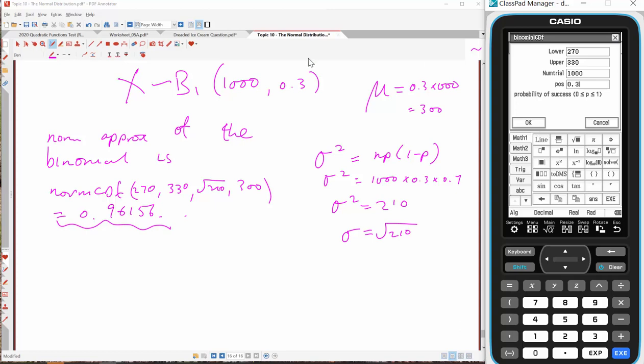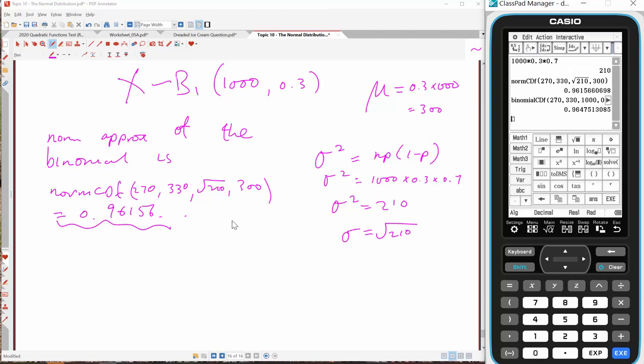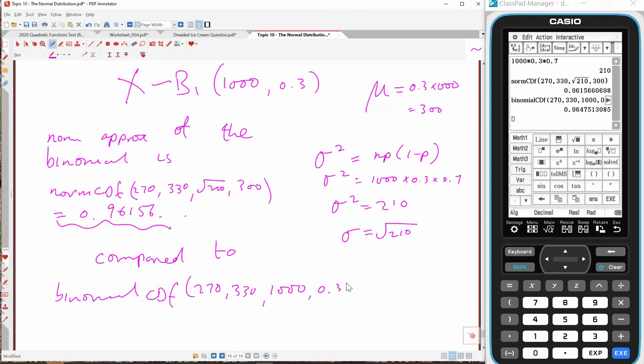Now what should happen is that this value should be pretty close to the other one. It's not going to be exactly the same, but it's going to be pretty close. So binomial CDF 270, 330, 1,000, 0.3 equals 0.96475... All right, so it's not the same, but it's pretty close.